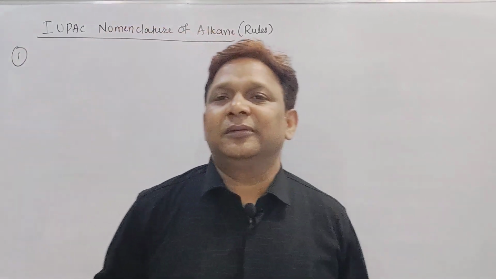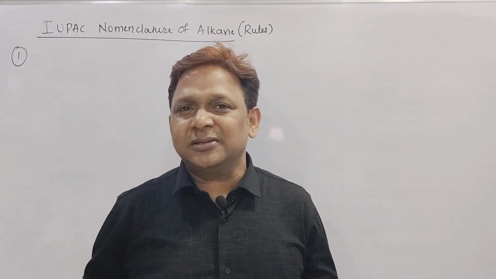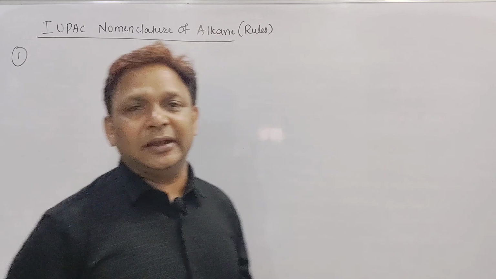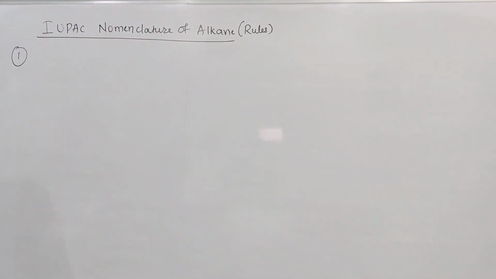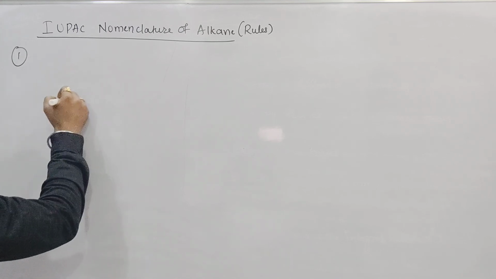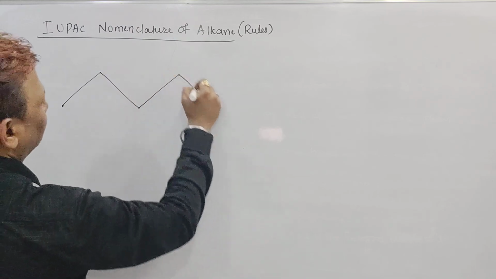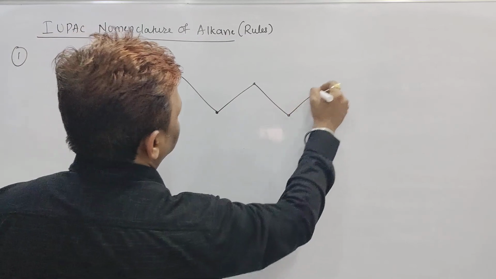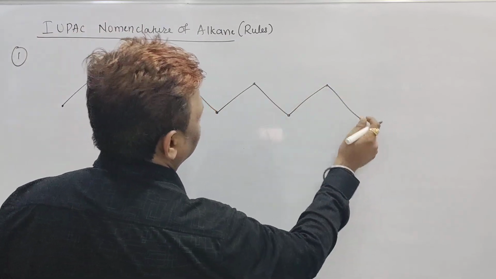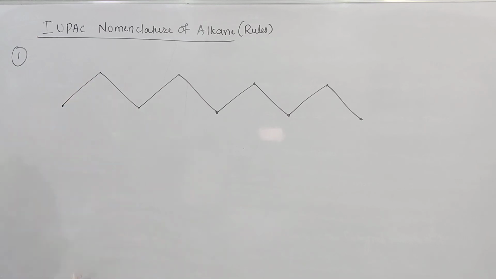Now the first rule. I will draw one structure and then tell you what rule we have to write here. See, the structure I am writing here: 1, 2, 3, 4, 5, 6, 7, 8, 9, then 9, 8, 7, 6, 5, 4, 3, 2, 1 up to here.